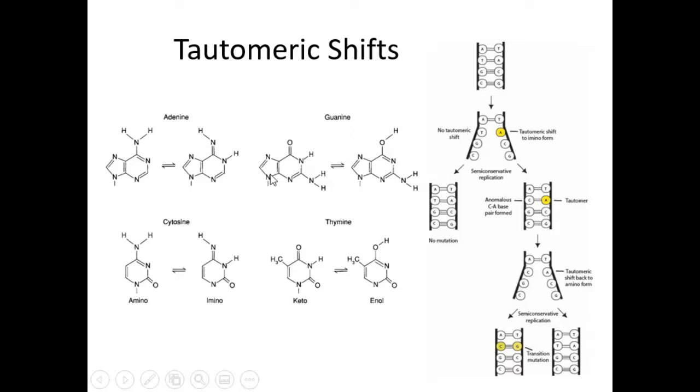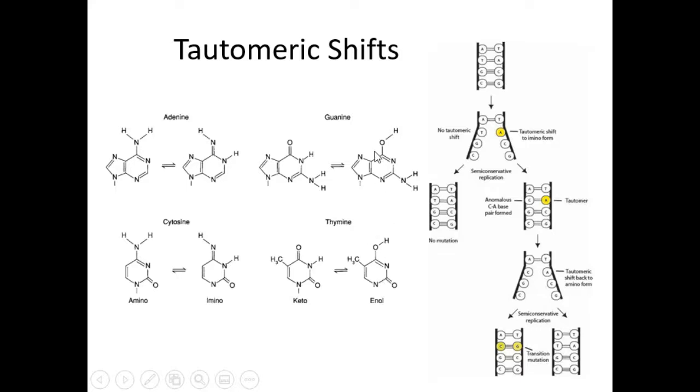Adenine and cytosine are amino, guanine and thymine are keto, and sometimes they can shift to the enol configuration.